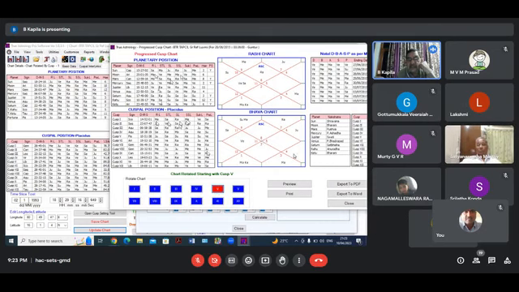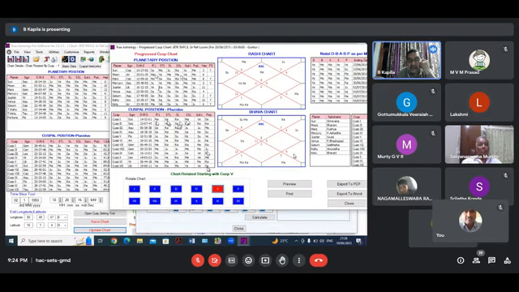Rahu is Mars and Saturn. We have already discussed Mars. Saturn is present in 2, in 9th cusp, in 12th cusp, and in 1st cusp.